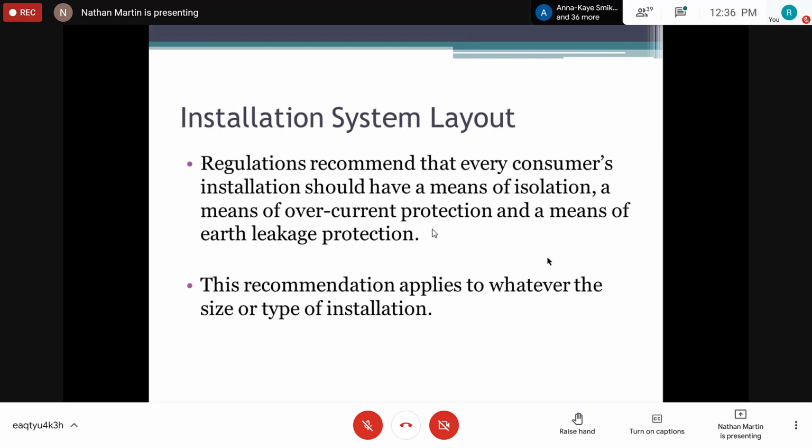Now, that circuit breaker can either be in an enclosure, it can be in a panel box, or it can be in a plus main type of three-phase unit. So we never tie that incoming service wire directly to our bus bar. It must have a means. Like your bus bar chamber, it will come into a main circuit breaker. Normally it has a handle to operate because of the current rating.